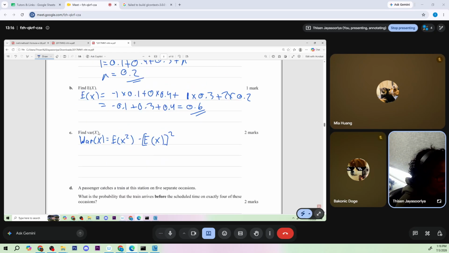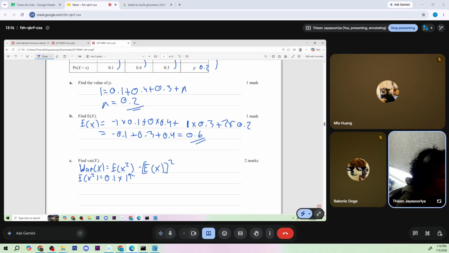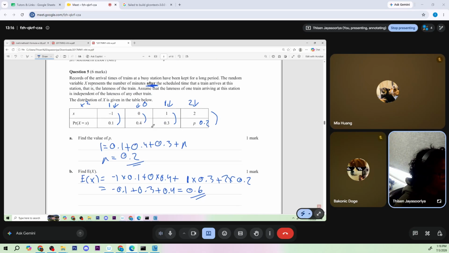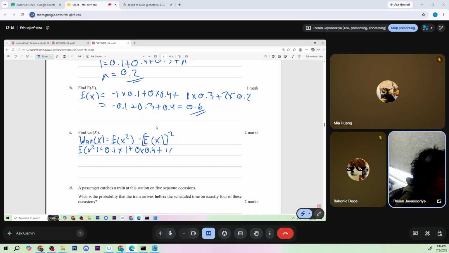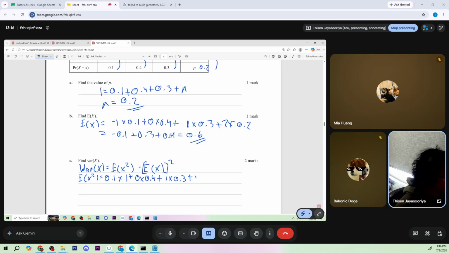So E of x squared is 0.1 times 1, plus 0 times 0.4, plus 1 times 0.3, plus 4 times 0.2, which if we add all those up together, we get 0.1 plus 0.3 plus 0.8, which is just going to be 1.2.